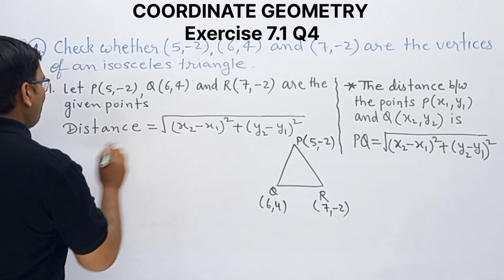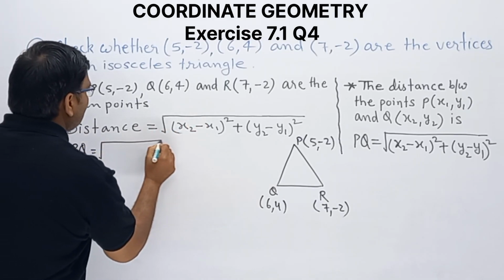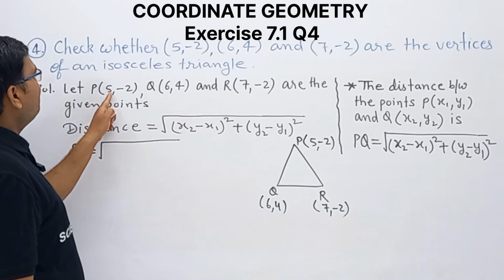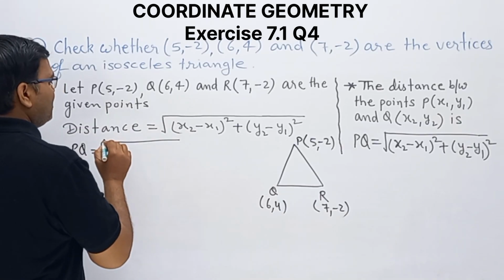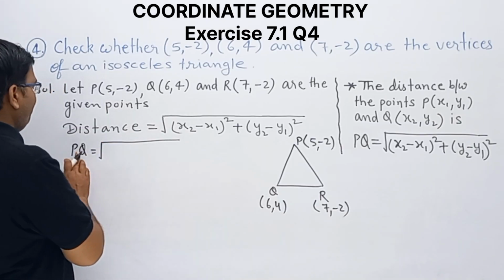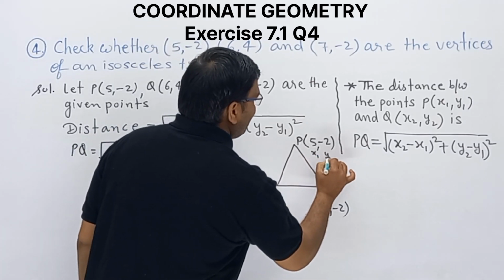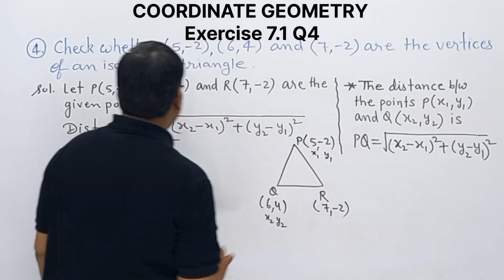So, by using this formula, what about PQ? PQ will be the square root of (x2 minus x1) whole square plus (y2 minus y1) whole square. Clear? So, once we find PQ, this will be (x1, y1) and this will be (x2, y2).